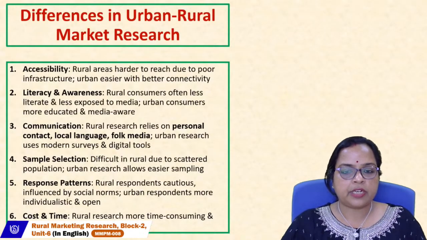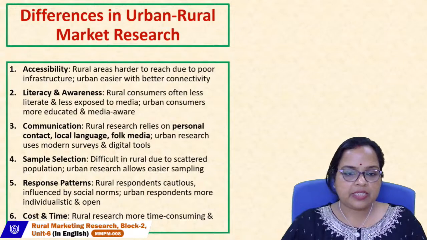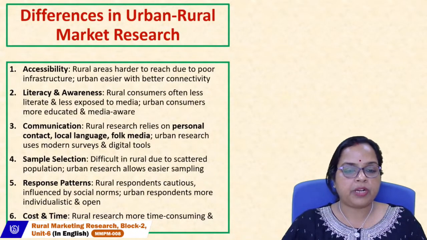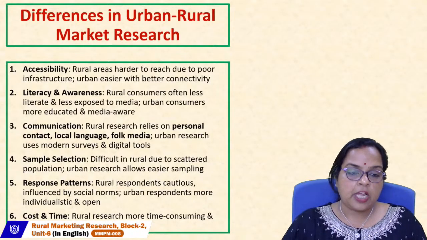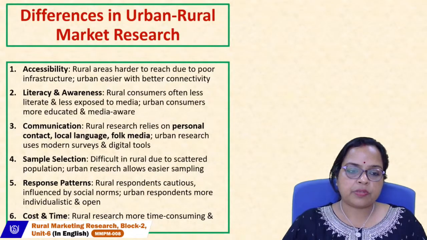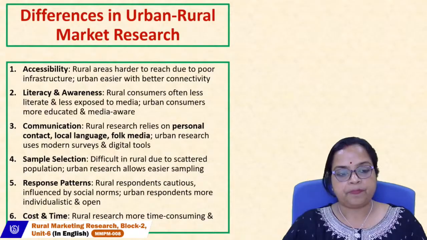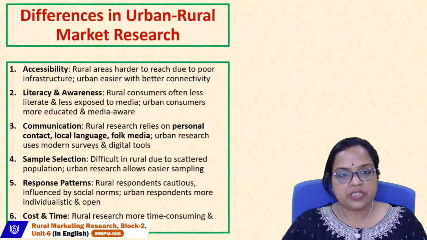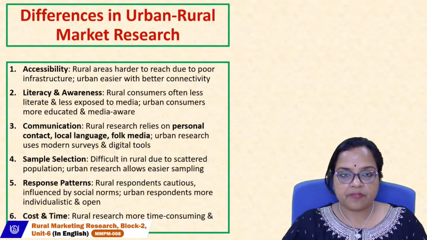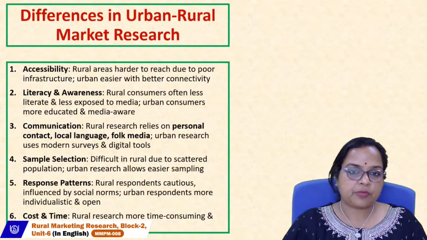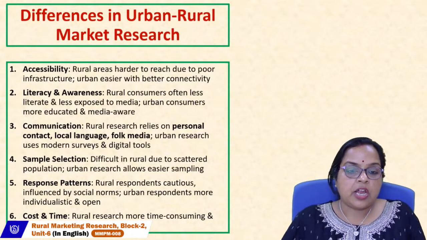Rural consumers are often less literate and less exposed to media, while urban consumers are more educated, more media aware, and more brand aware. The third point is communication. Rural research relies on personal contact, local language, and local influencers, whereas urban research uses modern surveys and digital tools. Sample selection is again a difference that makes a larger difference between urban and rural market research.